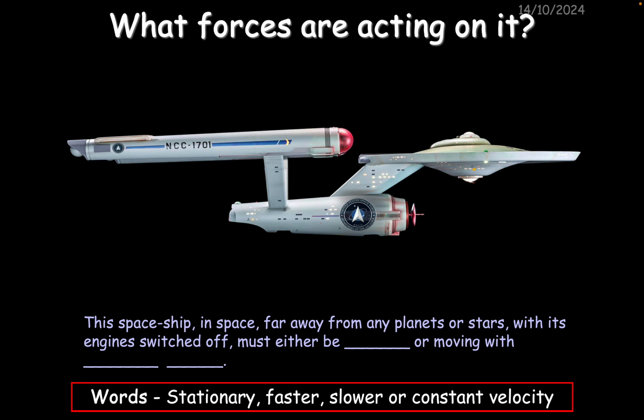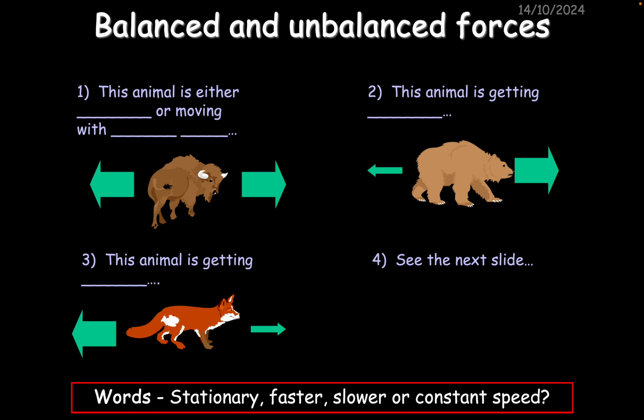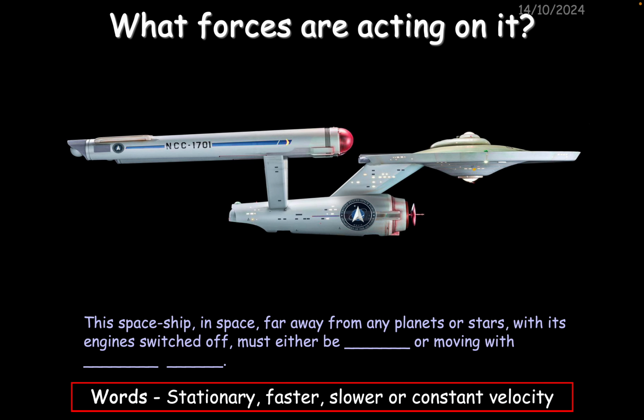And this is the case which in the previous page, number 1, they got wrong, because you can keep going at constant velocity if there's no air resistance.